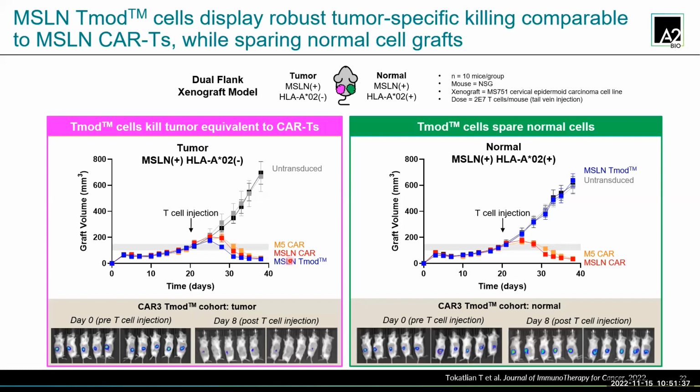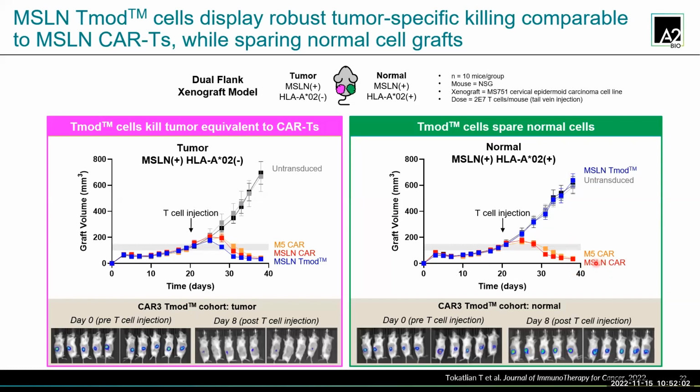But on the normal side, mesothelin TMOD spared killing of the normal graft and was pretty much overlapping with xenografts treated with untransduced T cells or saline, shown in black. Whereas mesothelin CAR and M5 CAR similarly wiped out both normal and tumor grafts.